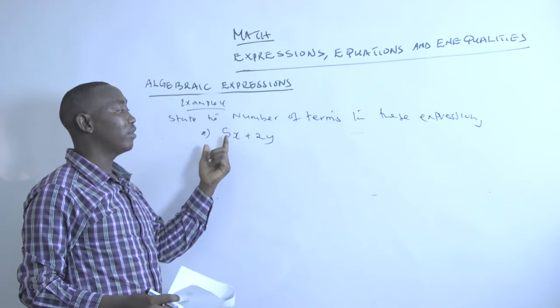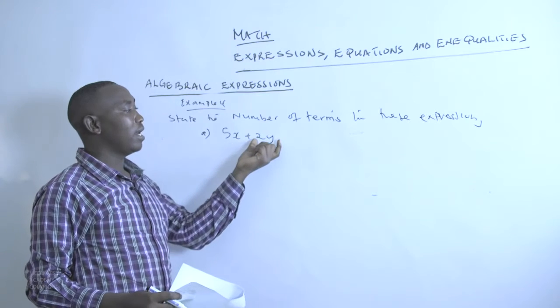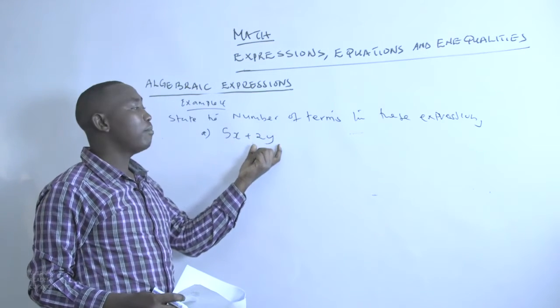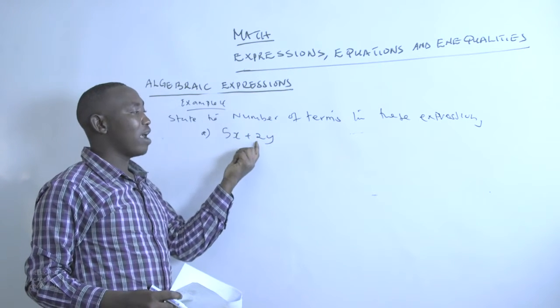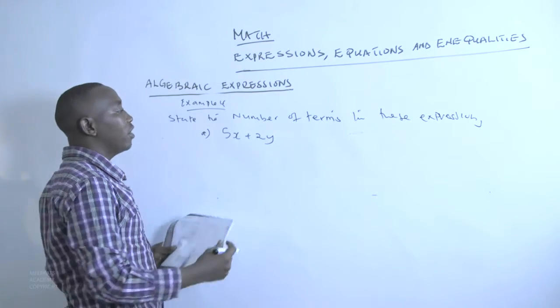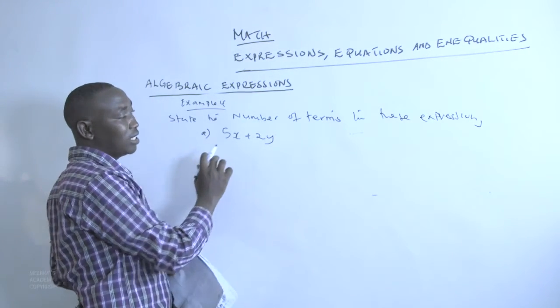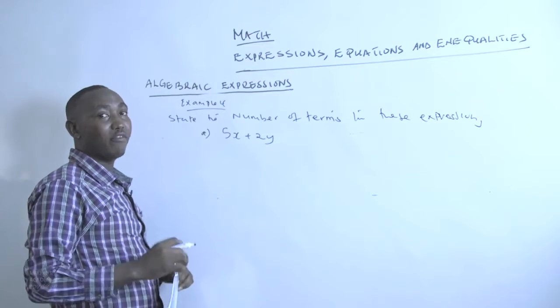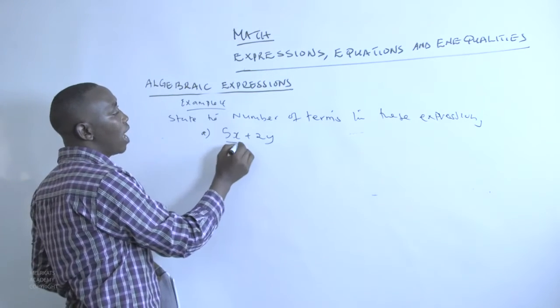That means we have 5 multiplied by x. Then this 2y is another term. That means we are having 2 multiplied by y, giving us 2y. And therefore, in this first example, we have 2 terms. That is 1, 2.